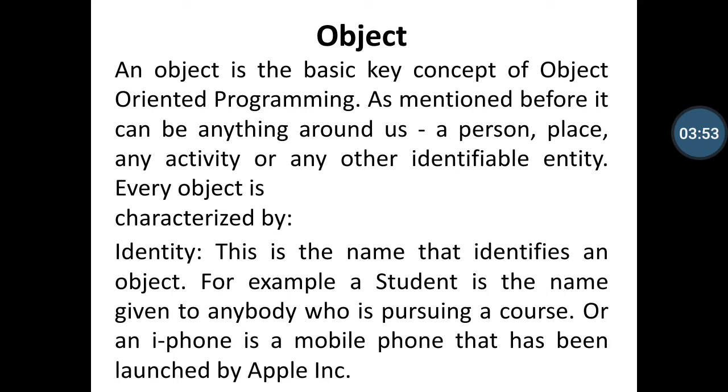This is the name that identifies an object. For example, a student is the name given to anybody who is pursuing a course, or an iPhone is a mobile phone that has been launched by Apple Incorporated.